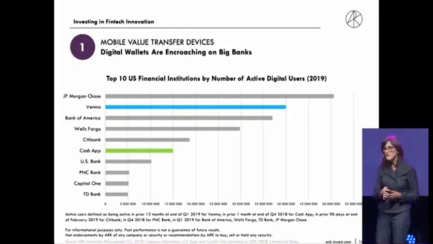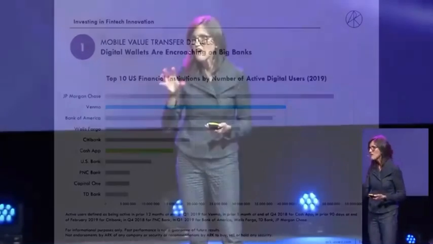At the same time this is going on, another phenomenon is taking place, and it's actually being led by Goldman Sachs. Goldman Sachs launched an online bank and savings service, no bricks and mortar.